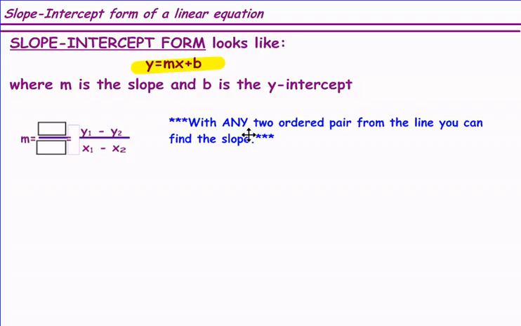And the formula for slope, I know you've heard it before, probably in another math class, is called the rise over the run. What I want you to notice is that the top is the difference in the y's, and y, remember, is the up and downness, over the difference in x's.